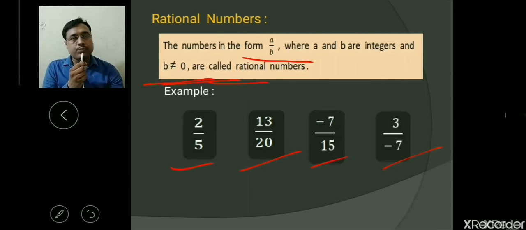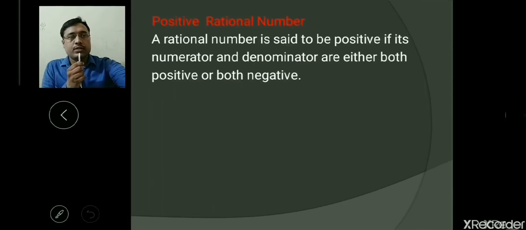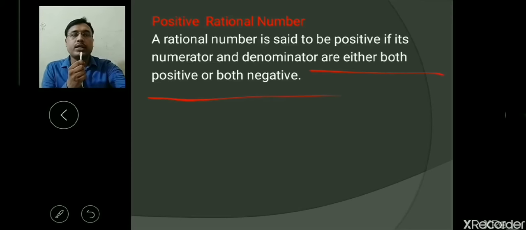But if both the numerator and denominator have the same sign, then they will be considered a positive rational number. Now you see, positive rational number is defined here. A rational number is said to be positive if its numerator and denominator are either both positive or both negative.